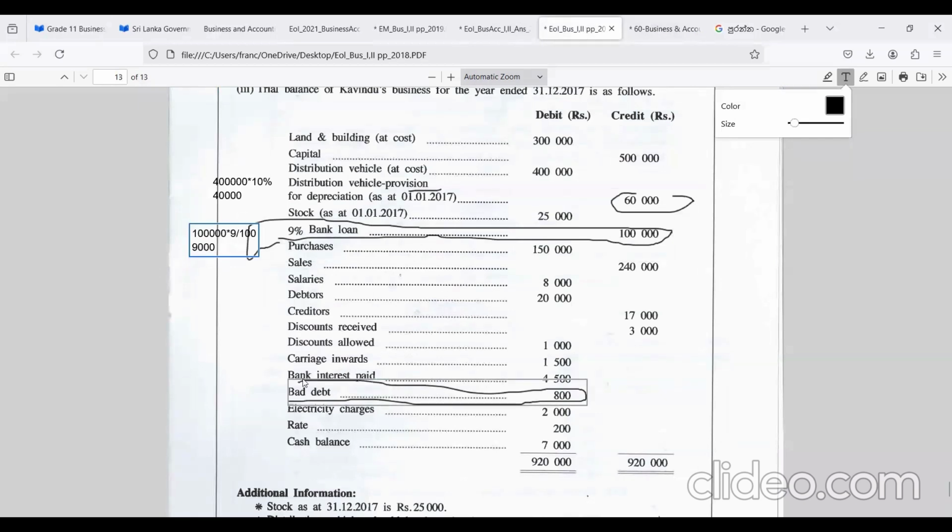In the question, they have given bank interest paid 4,500. 9,000 is the total, 4,500 paid. How much is payable? From 9,000 deduct 4,500, you are getting 4,500 payable.